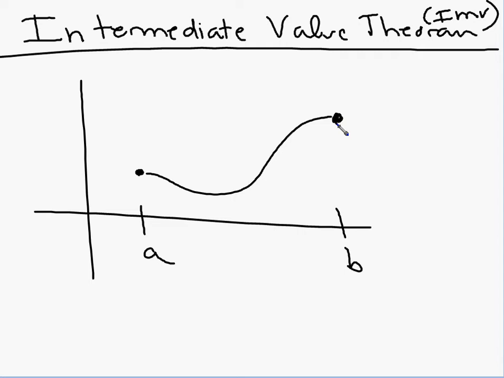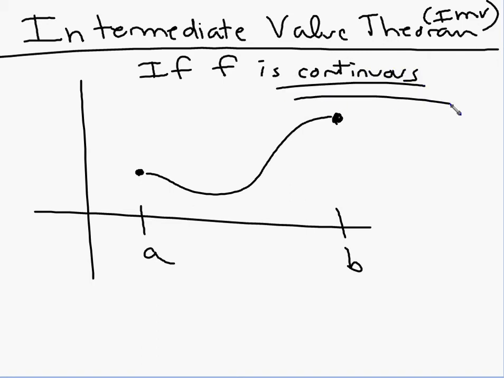In general, what the intermediate value theorem says is that if f is continuous, and this is why we're talking about it now, because that's the whole foundation for this, this function f has to be continuous.